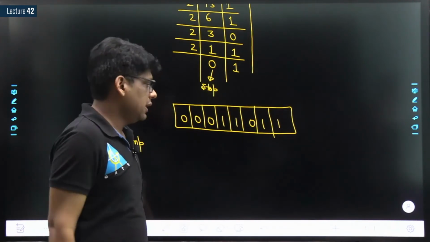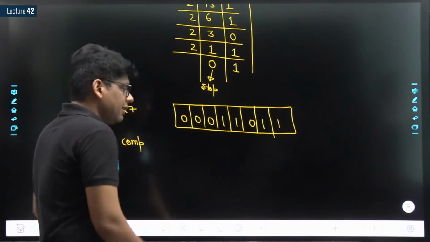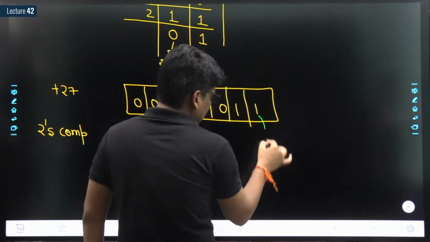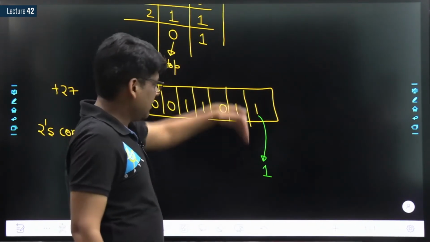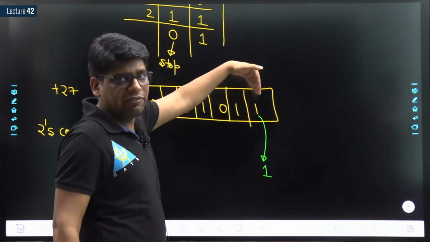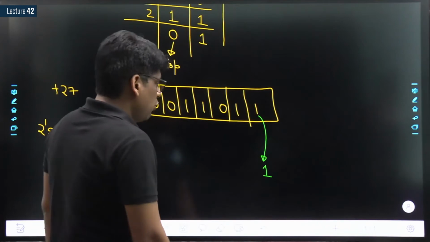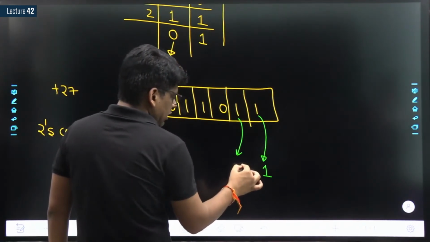Now, sir, how to find 2's complement? We know it. Do we know? Yes, sir. Start copying the bits until we get the first one. See, sir, the first bit from right hand side is 1. That means now stop the process. Now what to do? For the remaining bits, flip them. If it is a 1, make it 0.